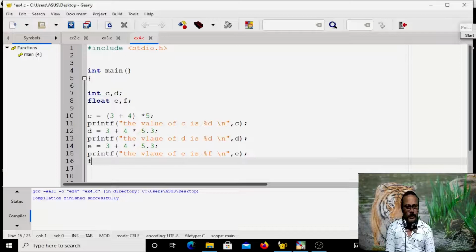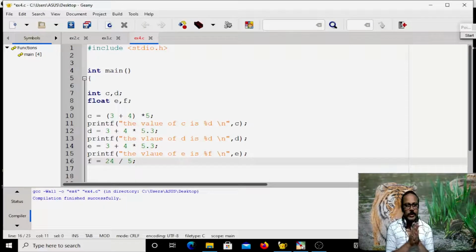F is equal to 24 by 5. F is equal to 24 by 5.